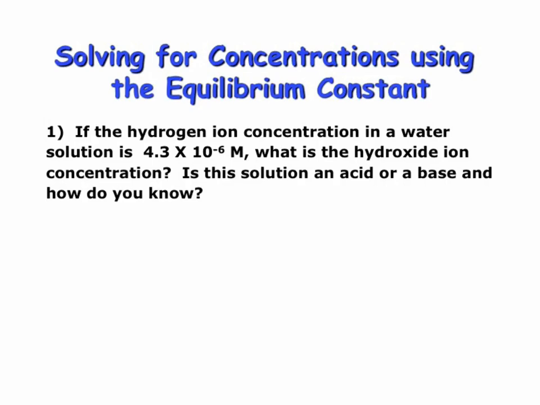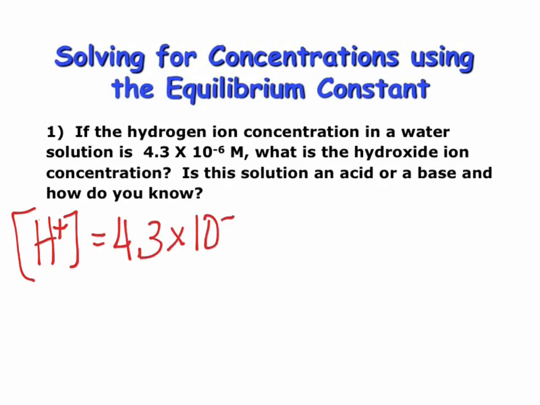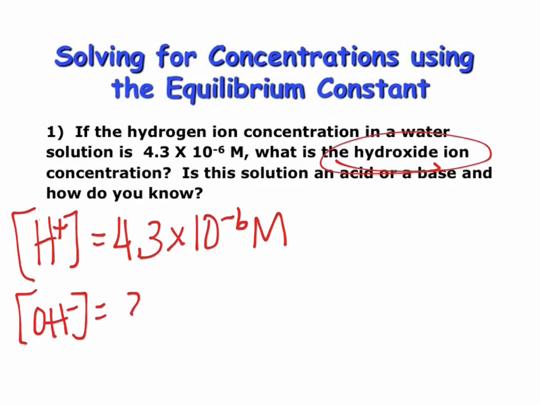Hydrogen ion concentration. So that means my H plus is equal to 4.3 times 10 to the minus 6. What is the hydroxide ion concentration? So my OH minus is my X. And then, is it acid or base? So you're going to get this problem on a test or a quiz, and you're going to go, you did not give me enough information.